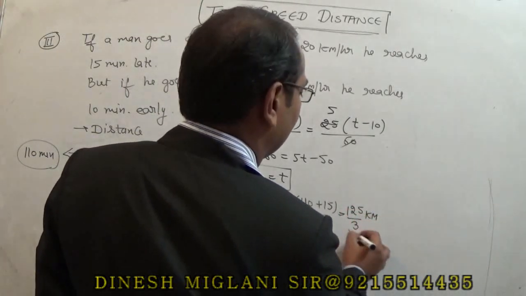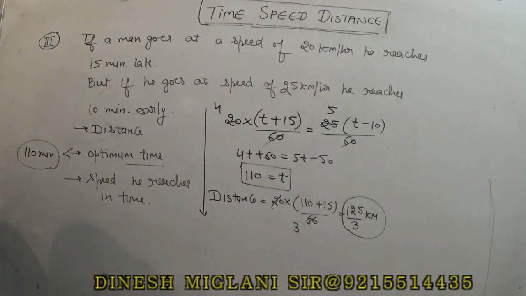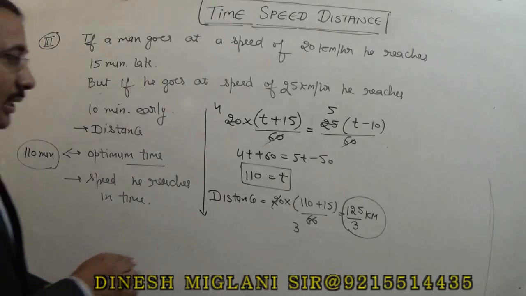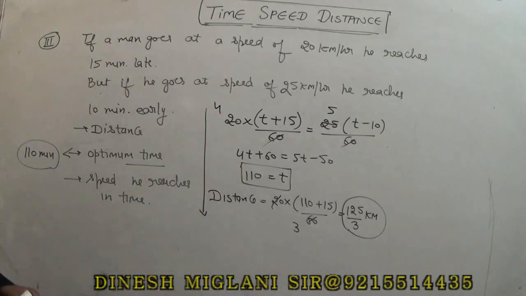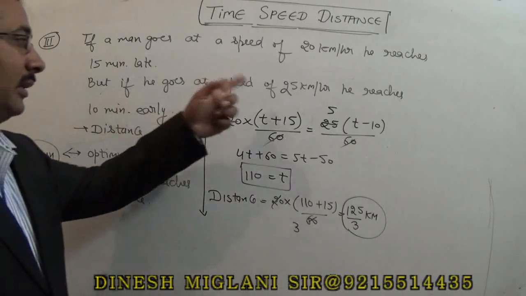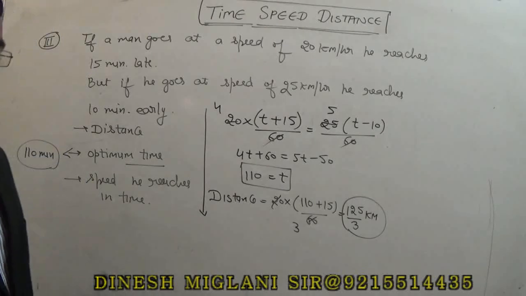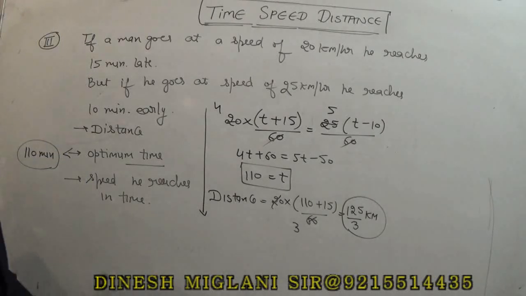Pay attention here. We have to find the distance traveled. From this equation I have found the time, right? Time is equal to 110. Now we will put this 110 inside this and solve it. And we can say the distance is equal to 125 upon 3.